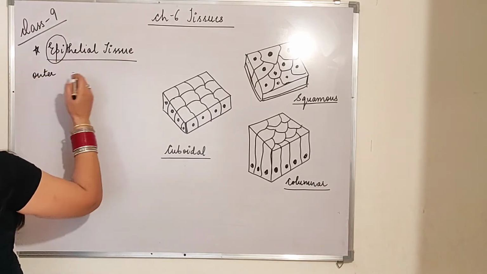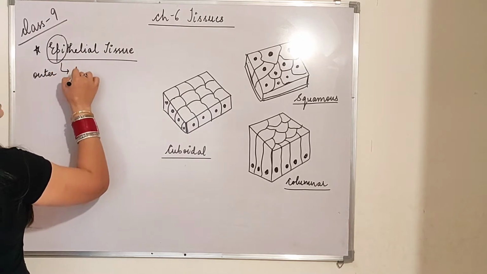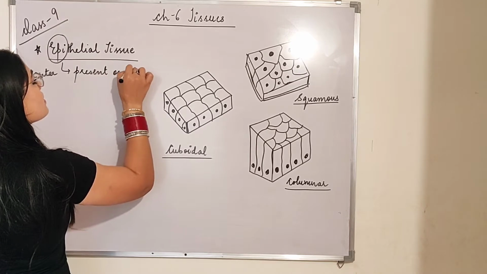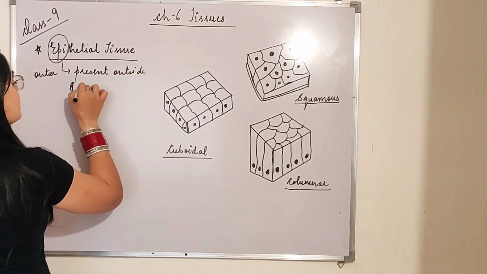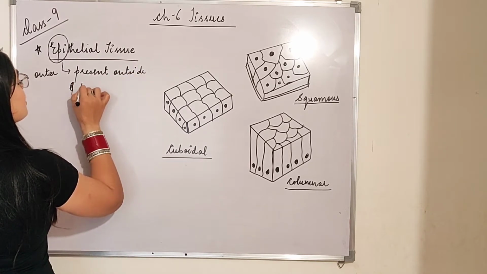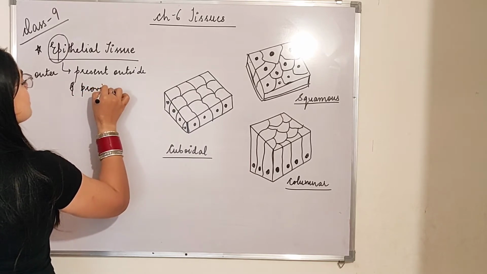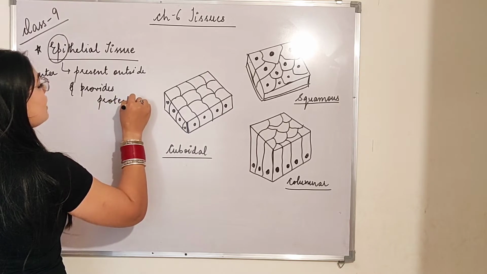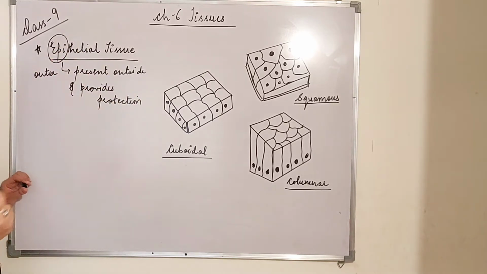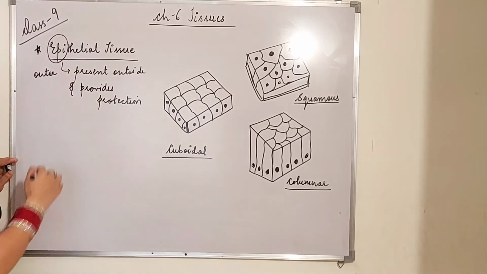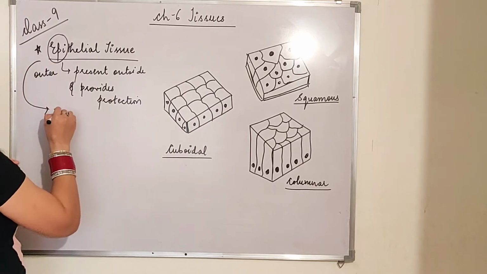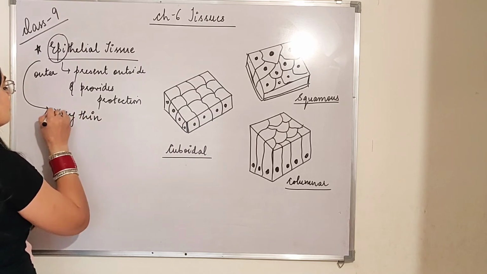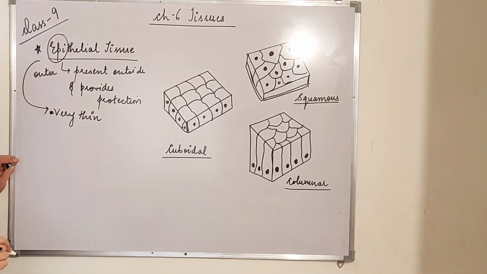Epithelial tissue means tissue which is present on the outside portion, and basically it provides protection. But epithelial tissue is very thin. Okay, epithelial tissue is very thin.